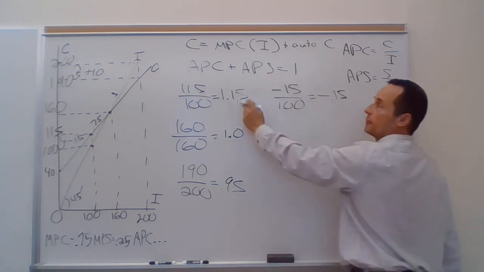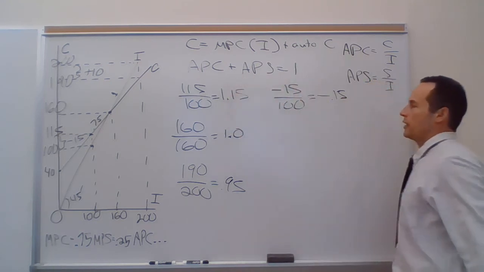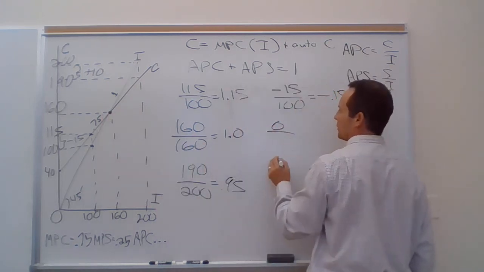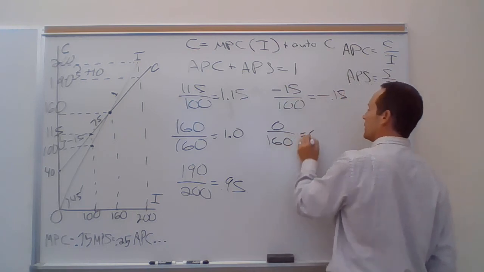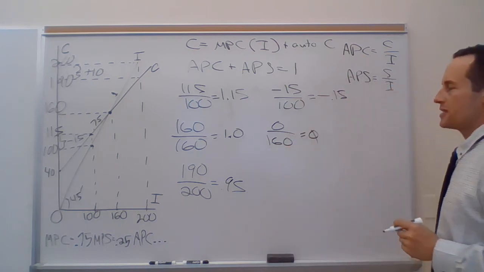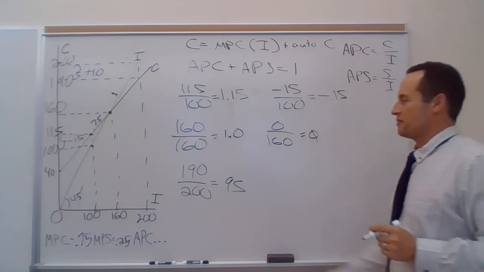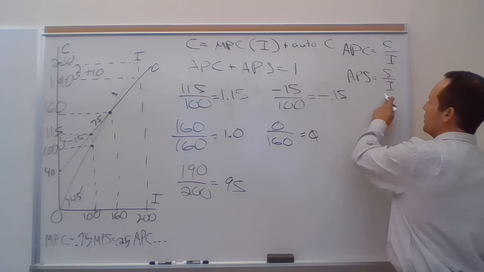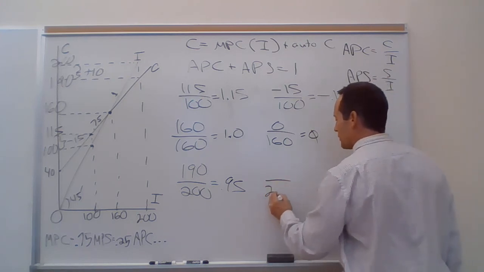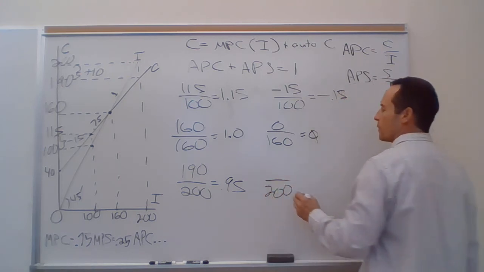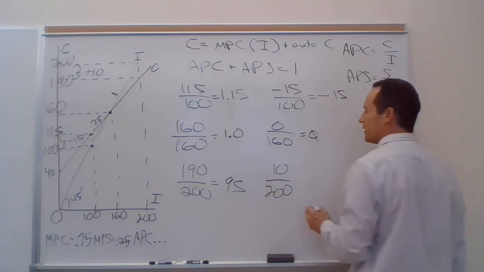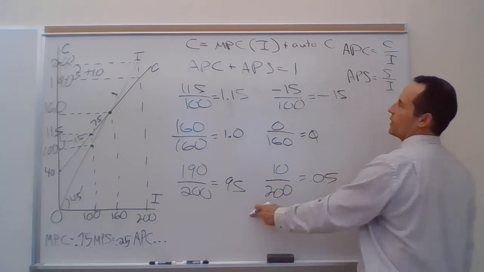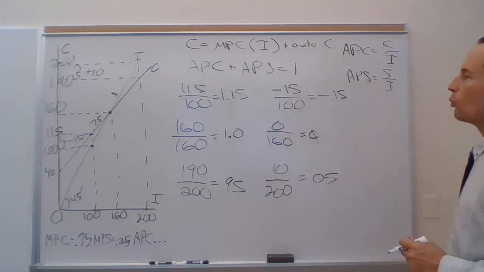Negative 0.15 plus 1.15 equals 1.0. Here it equals 0 at short-run equilibrium. Finally, let's take a look here. This will help me verify this decimal I came up with. When income is 200, we save 10, and that's 5%. 0.05 and 0.95 equal 1.